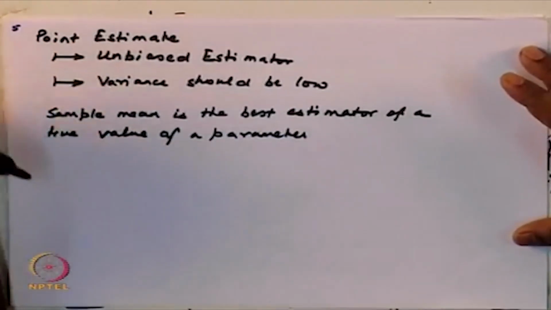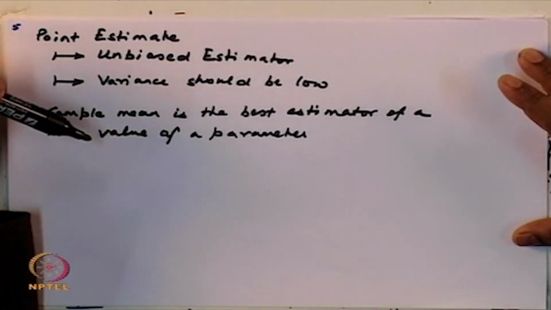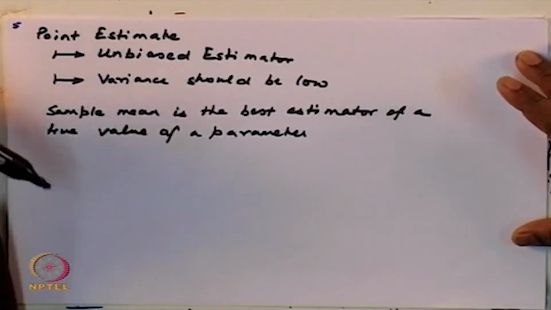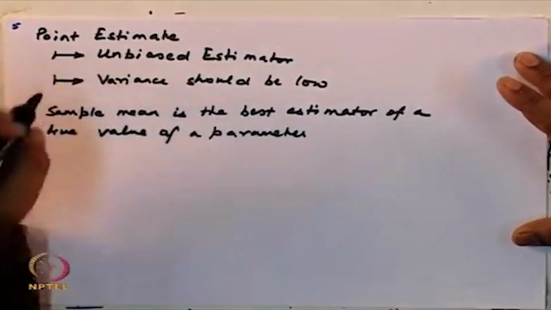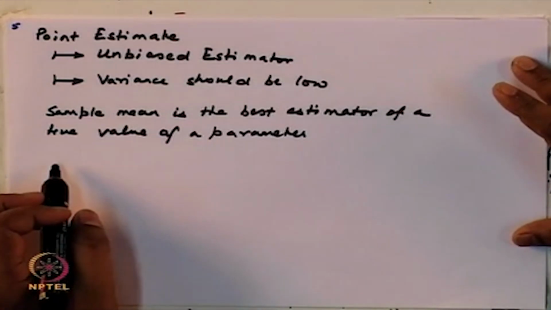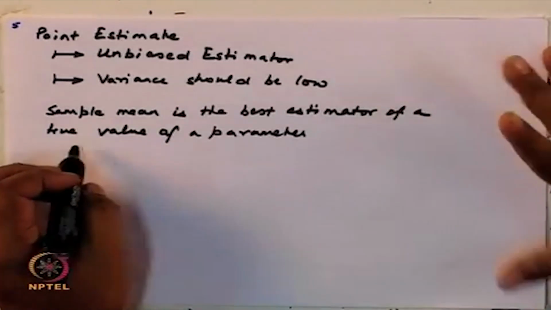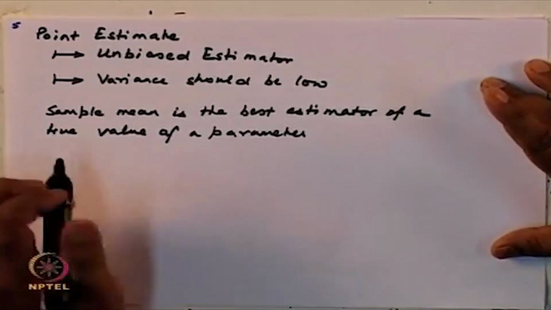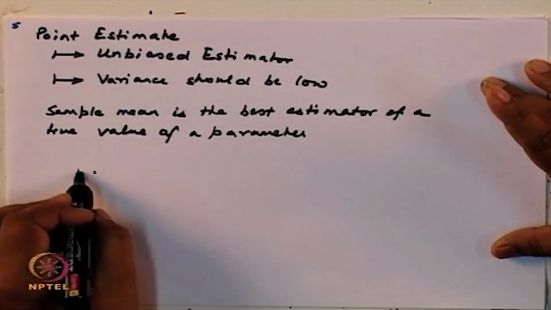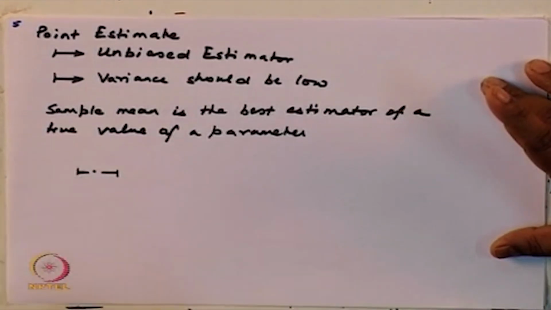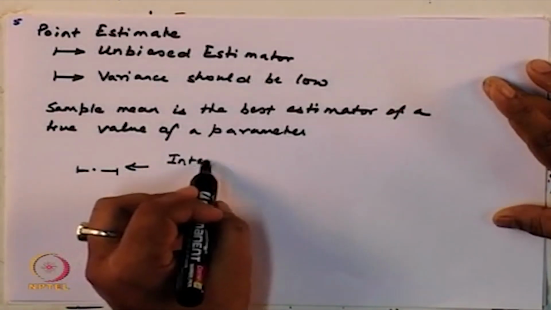Because we showed that the sampling mean follows a normal distribution, and if your sample size is larger, then your variance can also come down, because the variance for the sample mean is sigma square by n. But in the general case, as opposed to predicting a single value, it is better to come up with a range, and this kind of range is called an interval estimate.